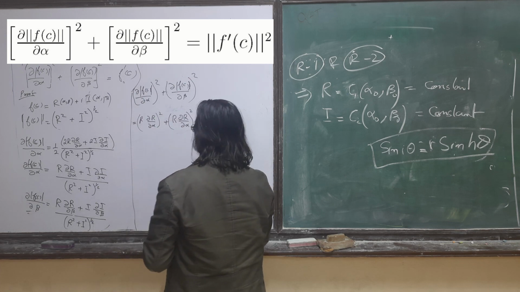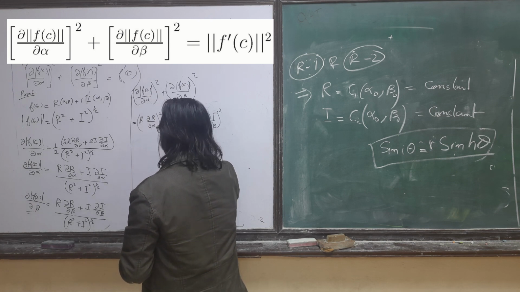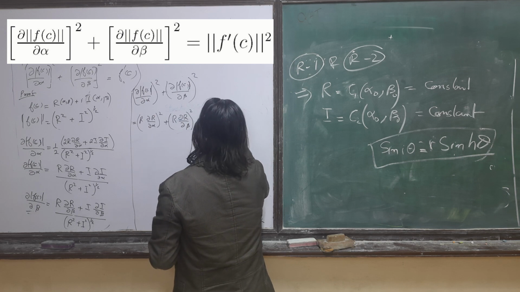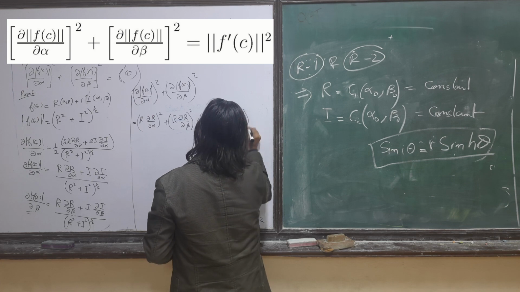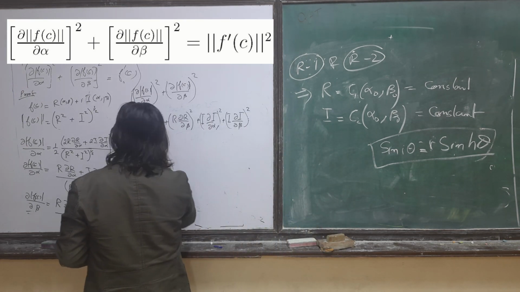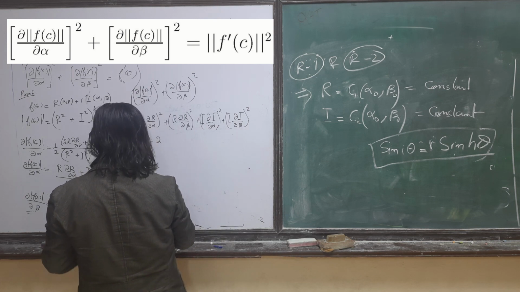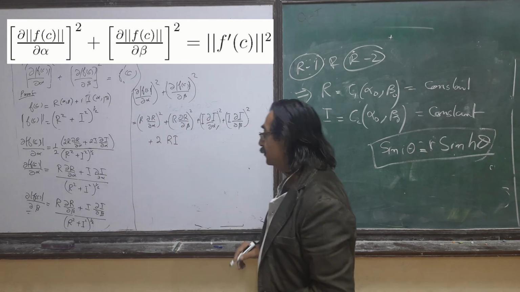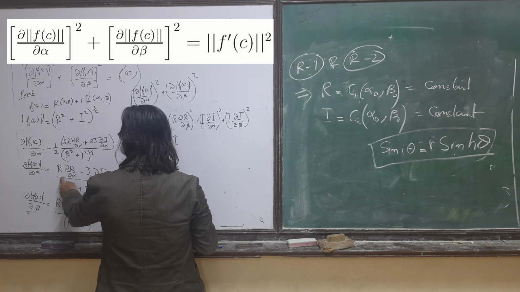Okay, here it was alpha, yes, you are right. Plus 2 R I, and this will be multiplied.